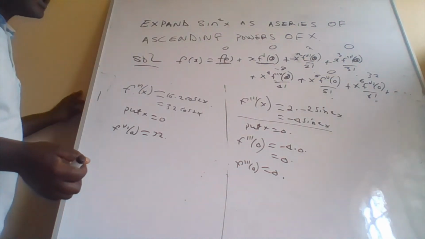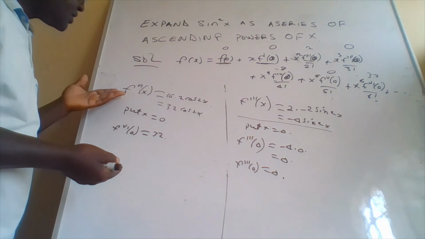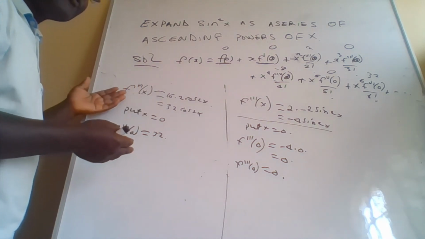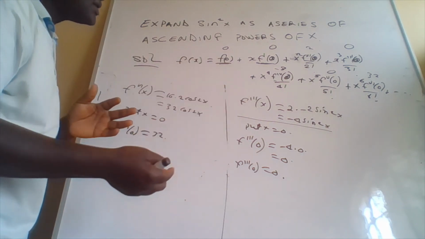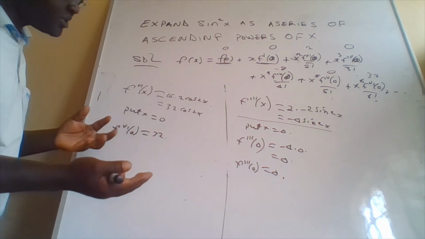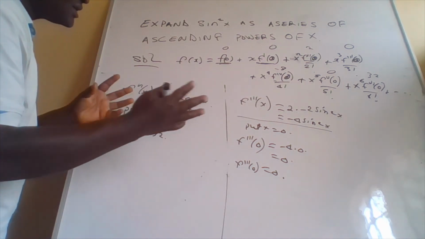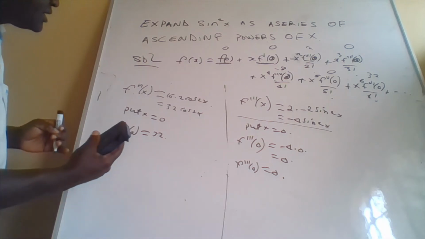And the process continues, so we can get the 7th, 9th derivatives and so on. But for the meantime, we can stop there and see the pattern of the series.